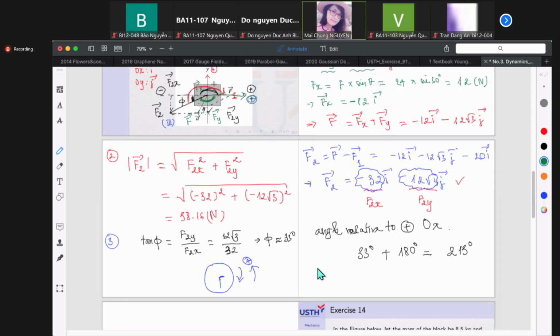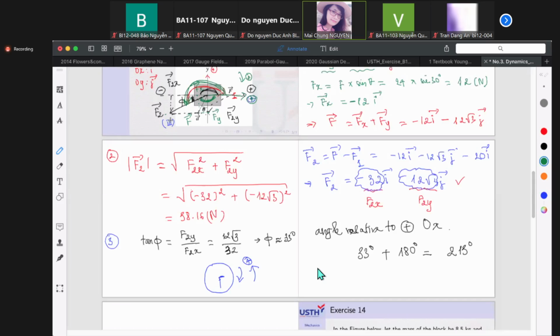To connect to the F2 here, you need to start here and move to the F2 here. So that's why I told you that it's anti-clockwise. We consider the angle starting with the positive here and going to the F2 here. That means following the anti-clockwise, right?